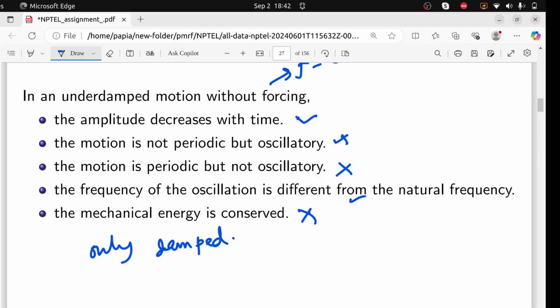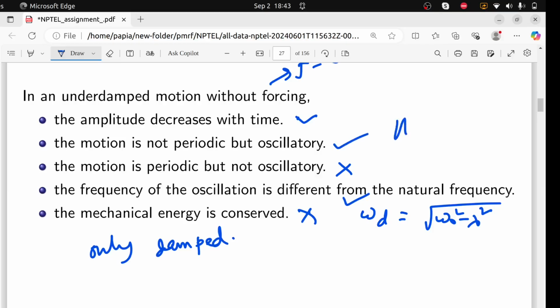So for the underdamped case, this is correct because the frequency of the oscillation is different, which is omega d, root over omega 0 square minus lambda square. From the natural frequency it is different, and the motion is not periodic, because after some time we are not getting the same plot. But it is oscillatory, obviously.